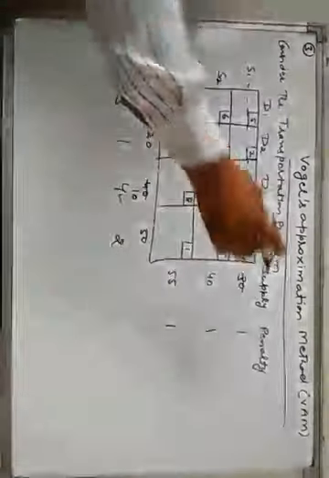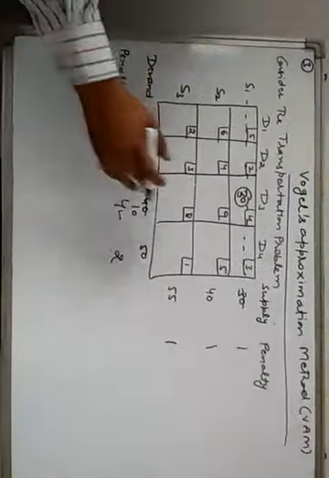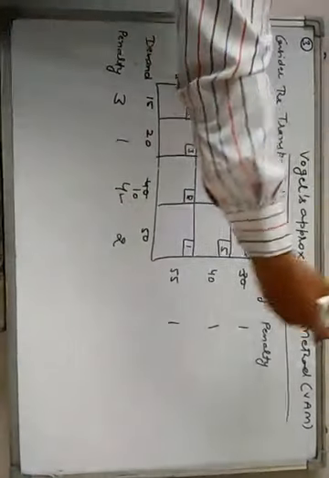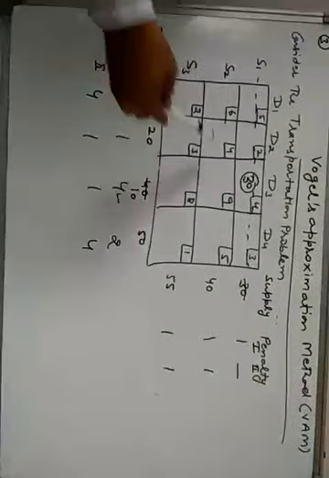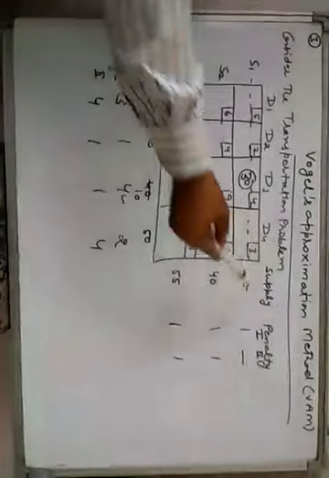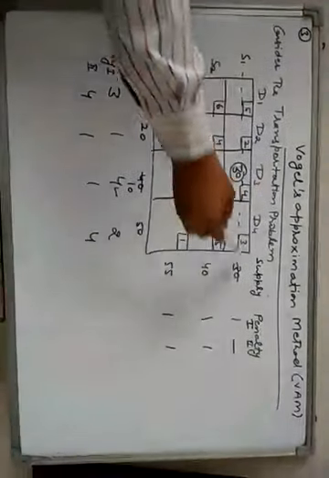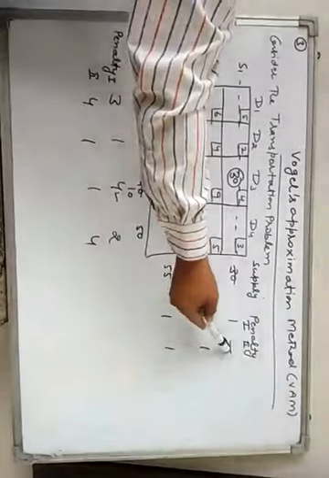Now we will continue in this manner. In a similar manner we will next calculate penalties. Now we will again calculate the penalties. As this row is crossed, therefore the penalty we will represent blank.